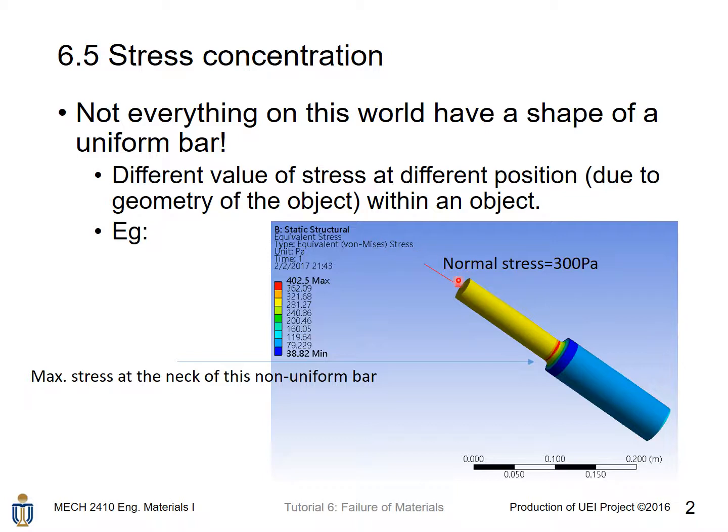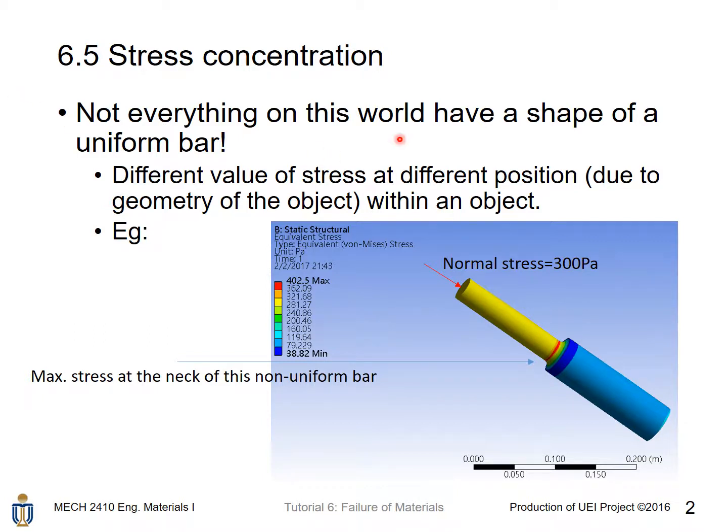It is compressive, and the position here is fixed. You can see that the stress within this bar is different at different positions. You can see here the maximum stress is actually located at the neck of this non-uniform bar, and it is marked by red color.